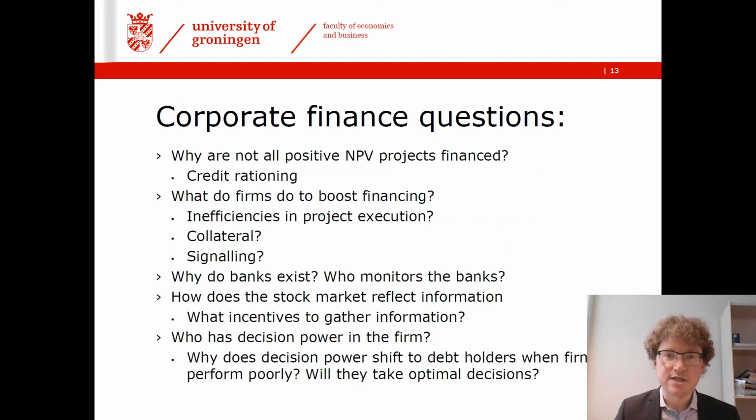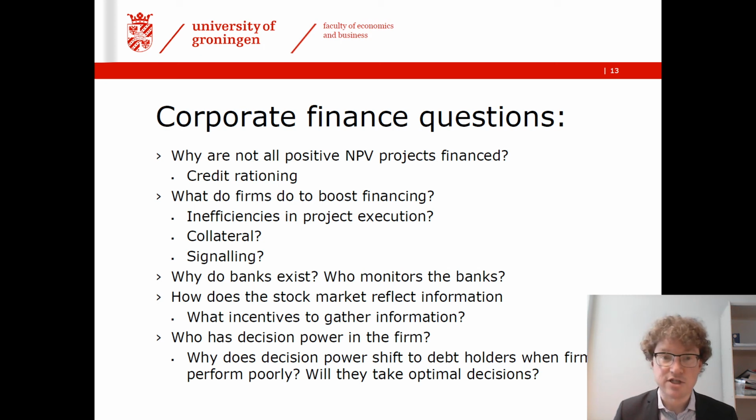So some of the questions that ultimately we want to answer, some typical corporate finance questions, are, well, first of all, why are not all positive NPV projects financed? In other words, why is there some credit rationing sometimes? What can a firm do to boost their financing, their financeability? Perhaps that might involve some inefficiencies in how firms execute their projects.